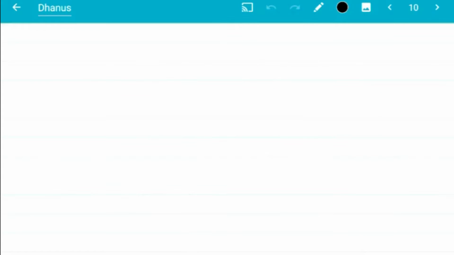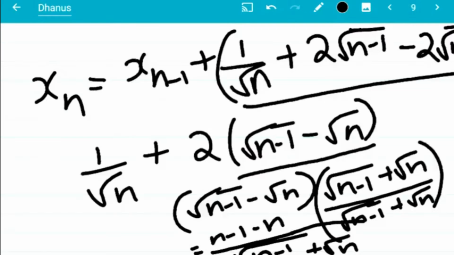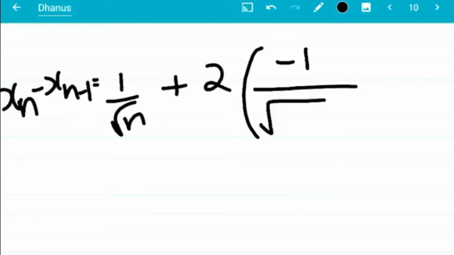Altogether we can write xn minus xn minus 1 equal to 1 by root n plus 2 into minus 1 by root of n minus 1 plus root n.